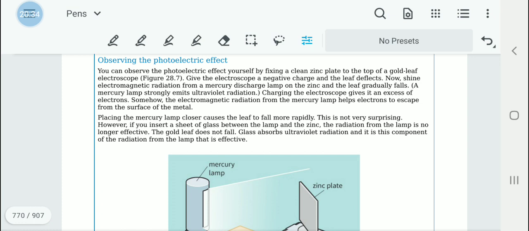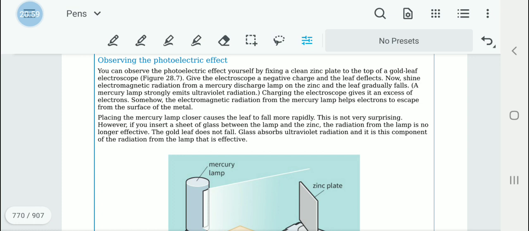However, if you place a glass sheet in between, the glass sheet would block the ultraviolet radiation, because the glass can absorb the ultraviolet radiation.